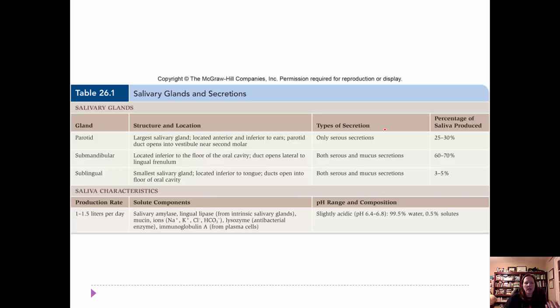It is going to break down fats, but it's not a really strong fat digester. It's not the best at breaking down fats, but it's there. We'll talk about a better enzyme that breaks down fats a little bit later on. The pH is slightly acidic, between 6.4 and 6.8.